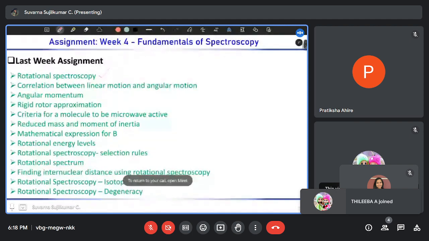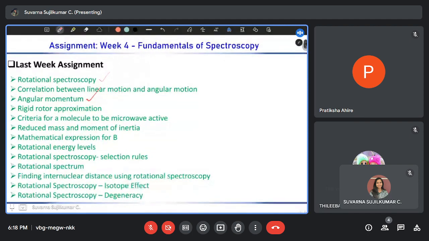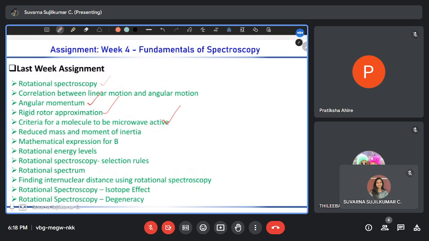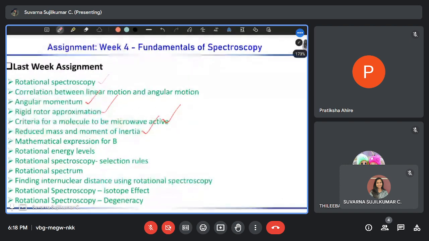Followed by the mathematical expression for the angular momentum. Then we discussed the rigid rotor approximation and the criteria for a molecule to be microwave active. The mathematical expressions for the reduced mass and moment of inertia of the system were established, followed by the mathematical expression for the rotational constant B.